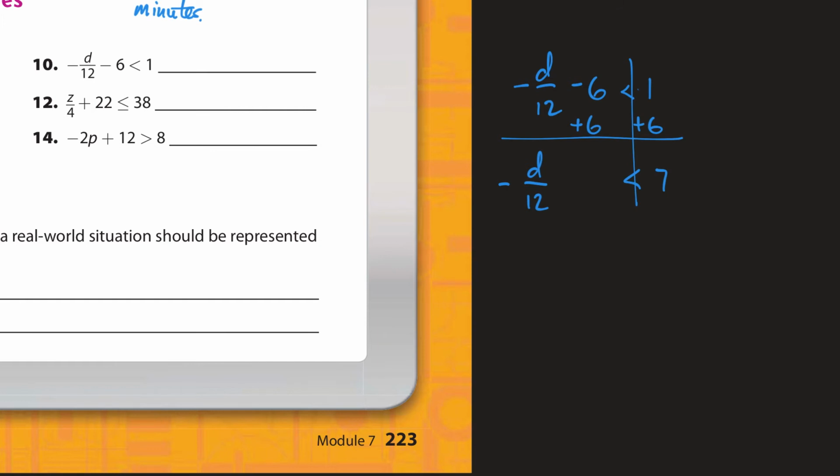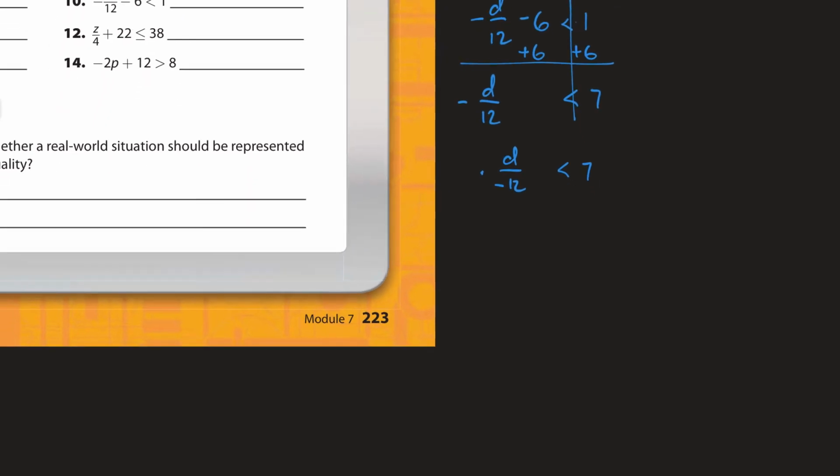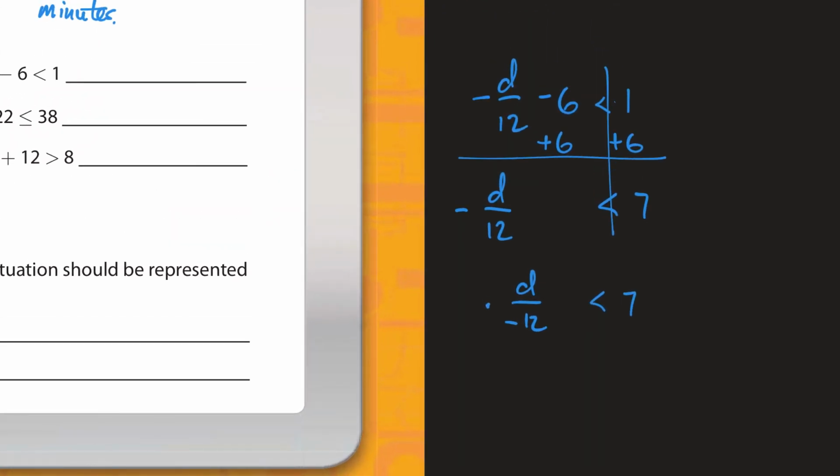Now, this negative can go in the middle where it is, it can go on the top, or it can go on the bottom. You can slide it anywhere you want. I'm going to put it down here. So this would be d divided by negative 12 is less than 7. Now all I have to do is multiply by negative 12, which gets these to cancel, but I have to do it to the other side as well.